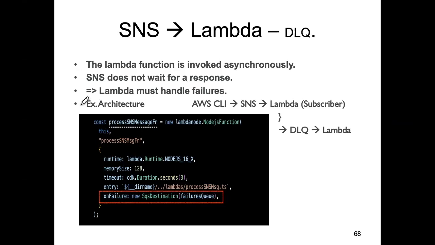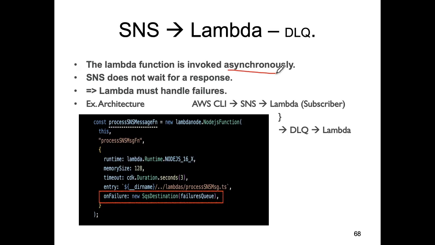But the objective anyway is, in our case, after the 5 attempts have failed, we'd like the message to be put into an SQS queue and have another Lambda dealing with that. The problem is that SNS invokes my Lambda, but it does it asynchronously, which means if you look at my Lambda code, it's not returning a response back to the invoker, because in this case, the invoker is not really waiting for a response.